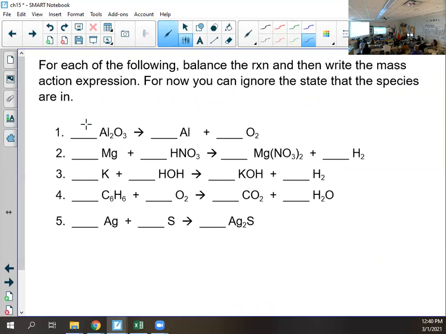Okay, so the first thing, we go back and we have to be able to balance equations. So number one is 2, 4, 3. Now just pretend that this one would work. So KEQ would be equal to the concentration of aluminum raised to what?